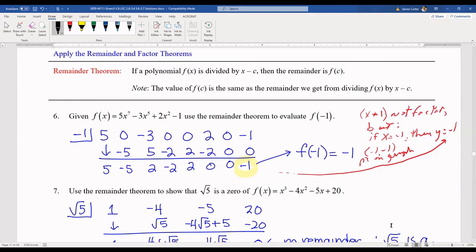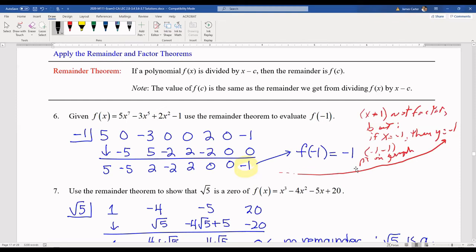Okay, I've kind of introduced you to this already. What this is saying is if you have a remainder, then if x in this case is negative 1, then y is also negative 1.